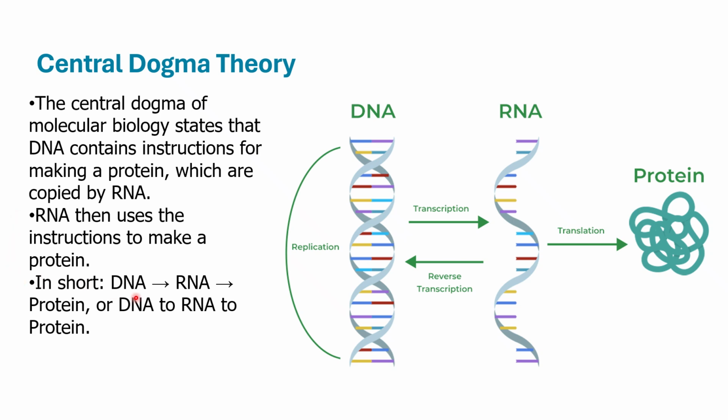So in short, DNA goes through transcription to make RNA, which goes through translation to make a protein. Or DNA to RNA to protein. That's the central dogma theory.